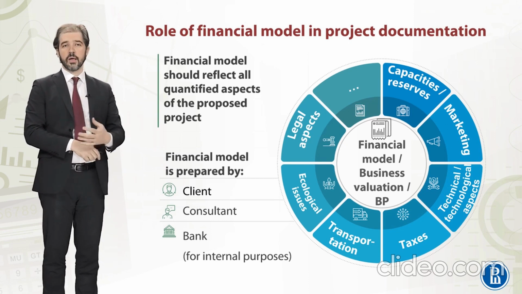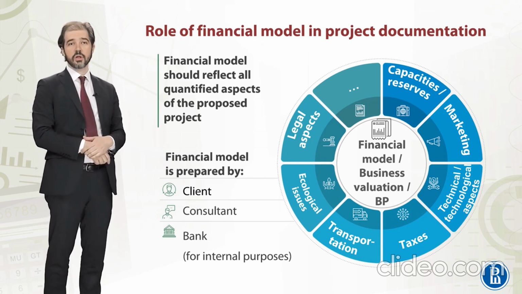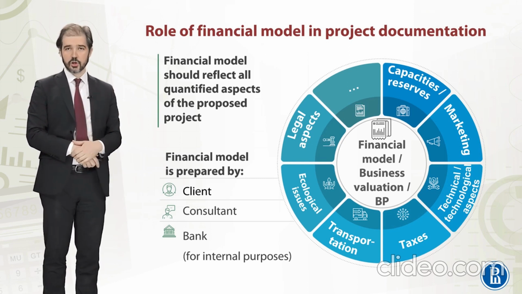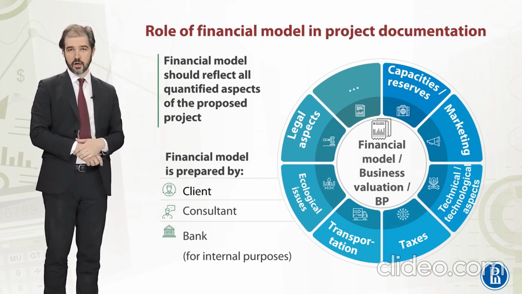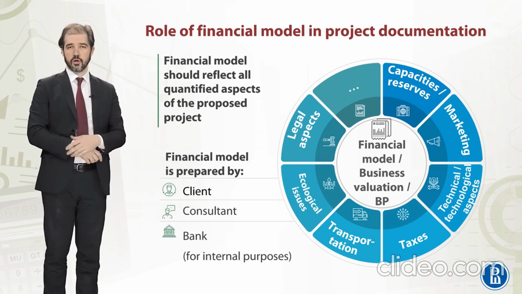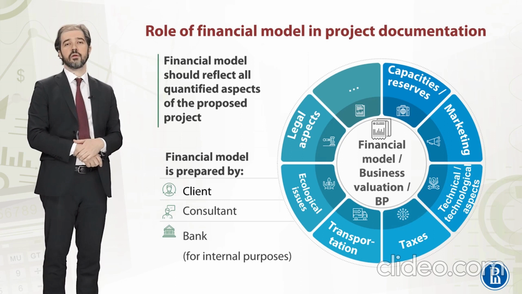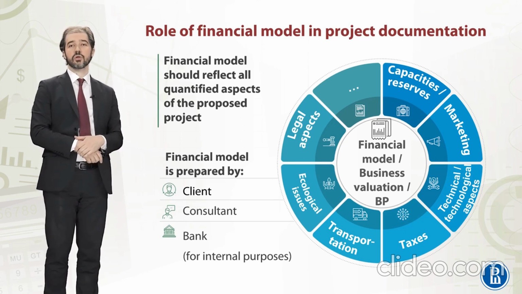So you need to include in your financial model proper information about your potential output of production of goods, or reserves in the case your business is in the field of natural resources.